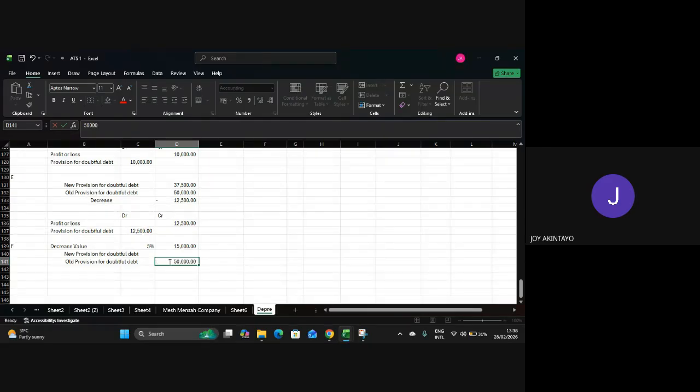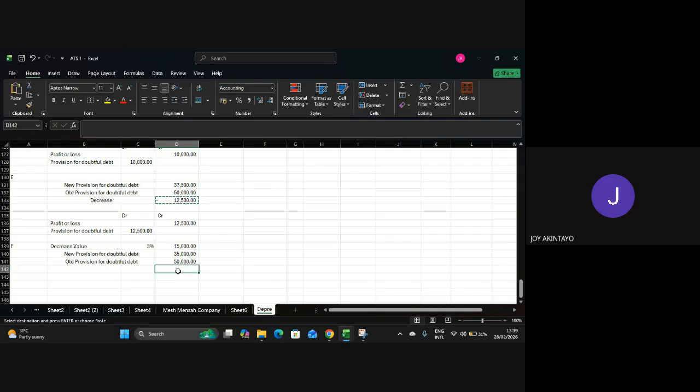So the new provision will just be the old provision minus the decrease you have. So what do you have? 50 minus this.